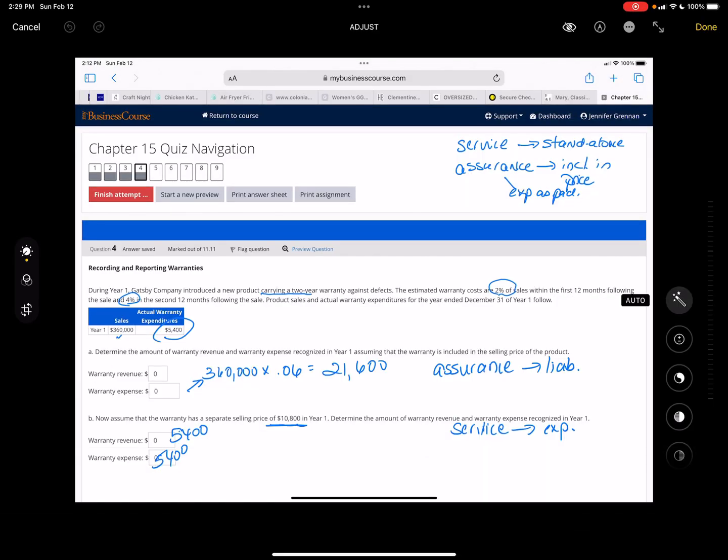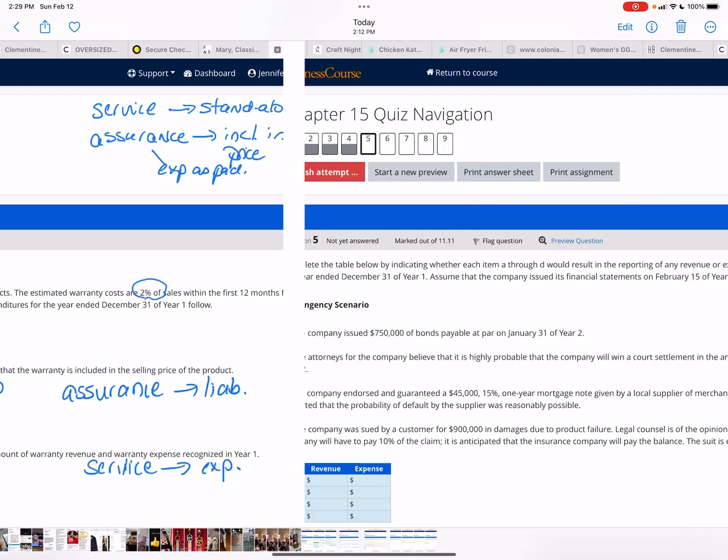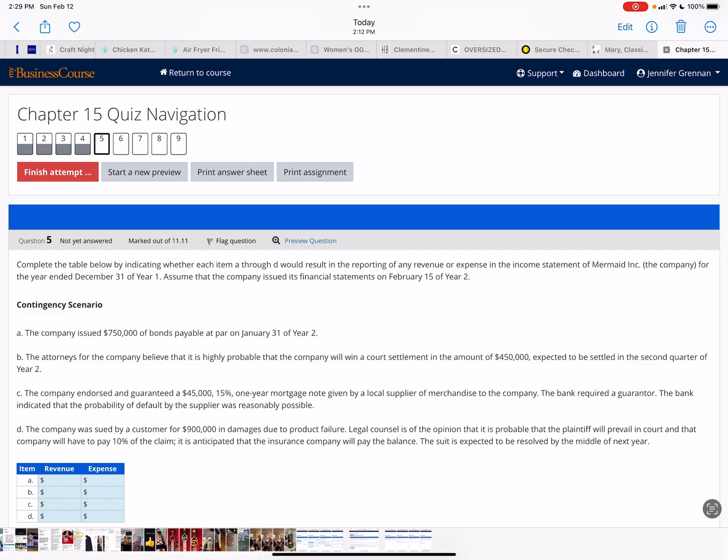All right, let's move on to the next one. Number 5. Here we're looking at, if you think about Chapter 15, you need to know a lot about contingencies and whether or not you need to record or report the contingencies.